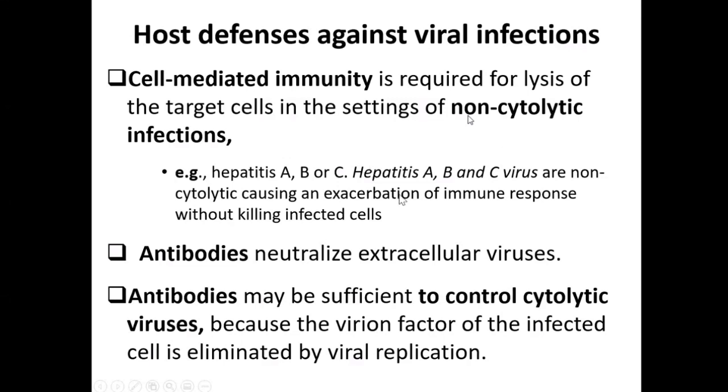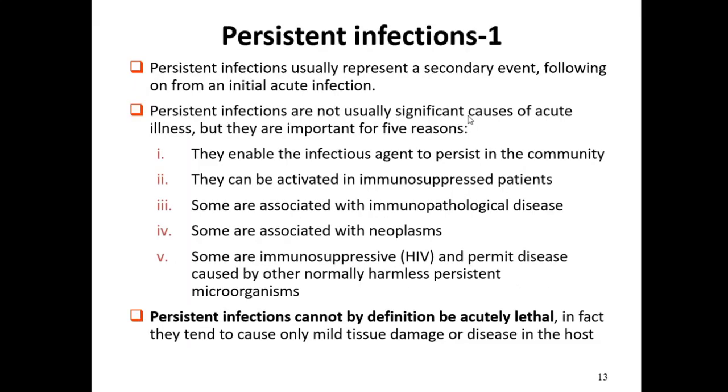Otherwise, they will be the source of continuous excretion of viruses, infecting more and more tissue. So, as you said, some viruses may persist, and usually represent a secondary event, not primarily on the site of entry.